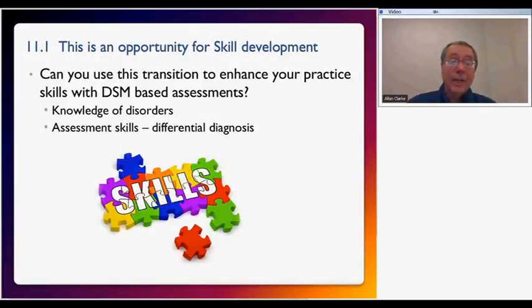So I hope you'll take the time to read the chapters on the disorders relevant to the clients you're seeing. Perhaps you have an interesting case of an individual with depression, and you want to bone up on your knowledge about depression. Pull out the DSM-5 and read the explanatory text that goes with that. I want to encourage you to do that.